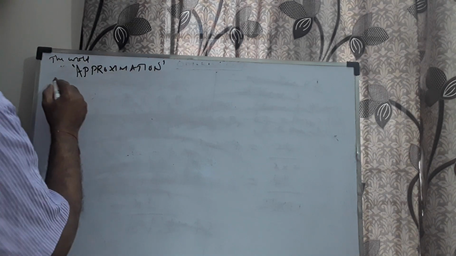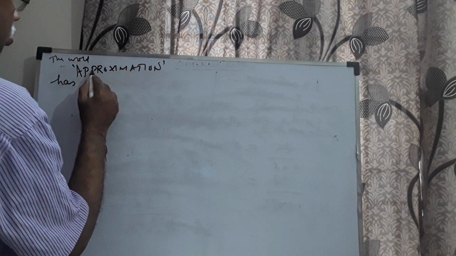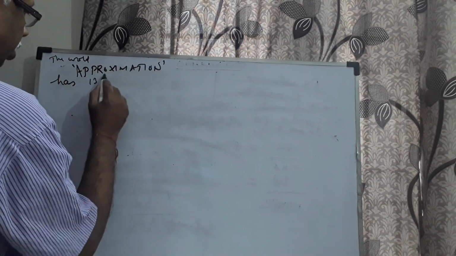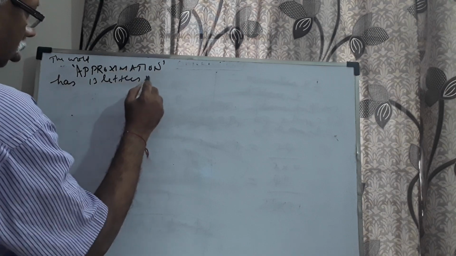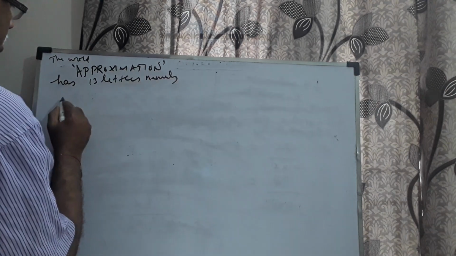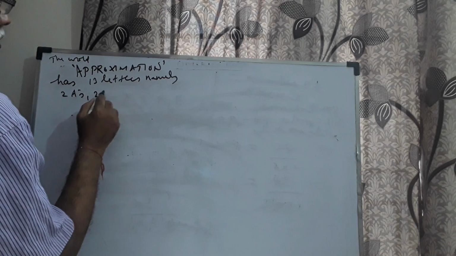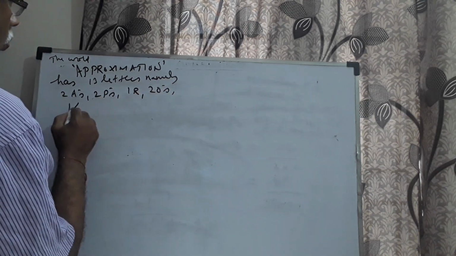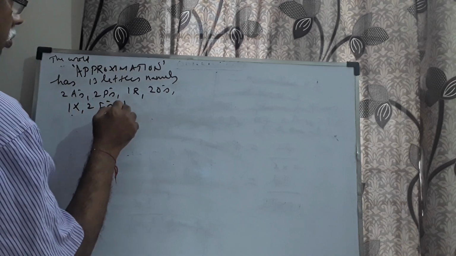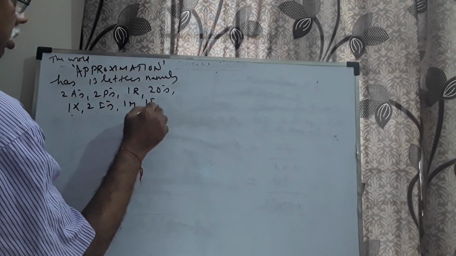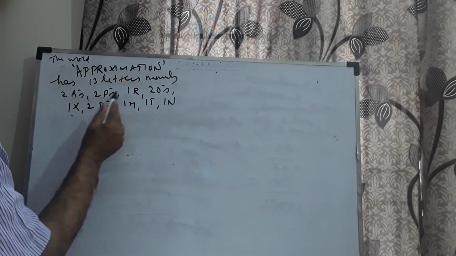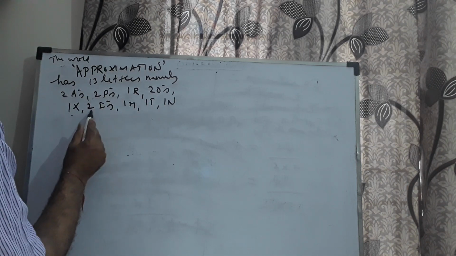The word approximation has 1, 2, 3, 4, 5, 6, 7, 8, 9, 10, 11, 12, 13 letters. Namely, what are they? 2 A's, 2 P's, 1 R, 2 O's, 1 X, 2 I's, 1 M, 1 T, 1 N. You can just check 2, 4, 5, 7, 8, 10, 13.